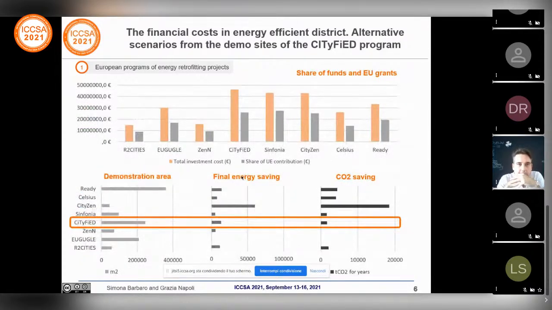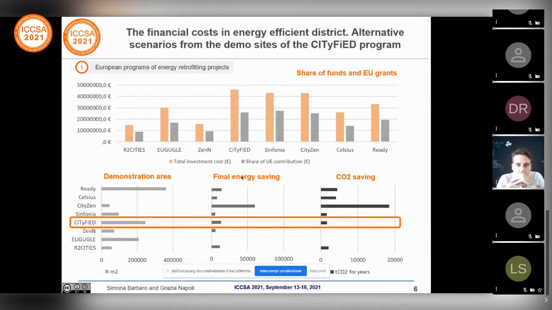This slide shows some results of our analysis. First of all, it is important to underline that for each program, European funding corresponds to 54% to 64% of the cost of energy efficient measures.